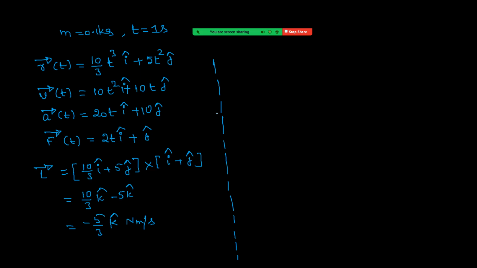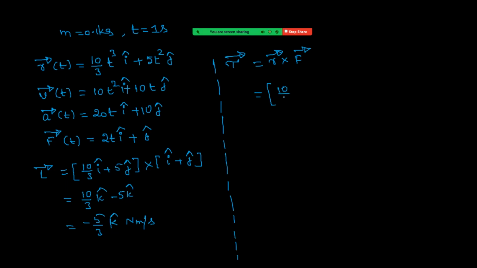Torque, what can we write? Torque equal to r bar cross F bar when t equal to 1 second. r bar means taking t value 1 here.